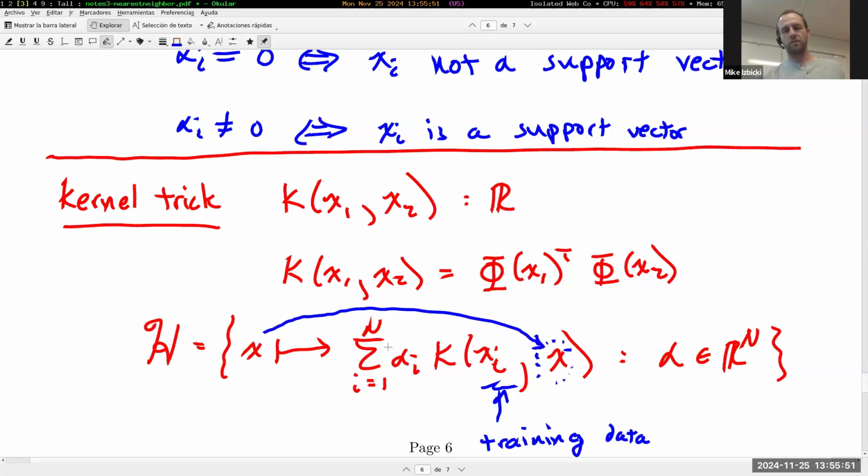These x's come from our training data. The kernel trick is useful both computationally and statistically. Computationally, it's useful because it's often the case that k here will be much faster to compute than phi.